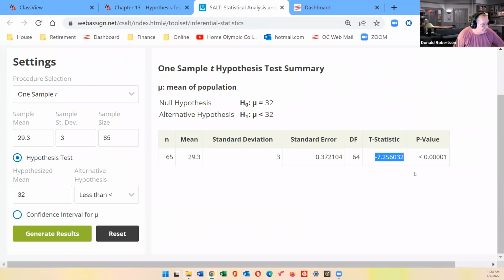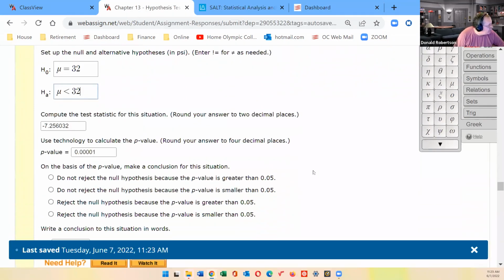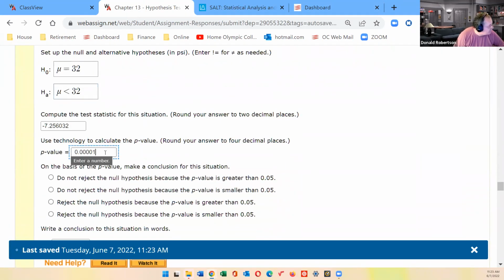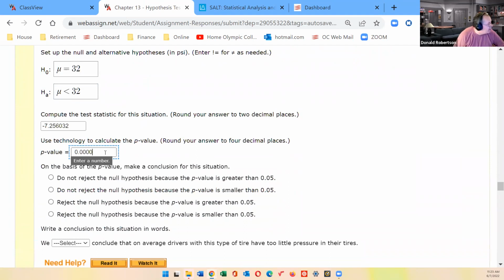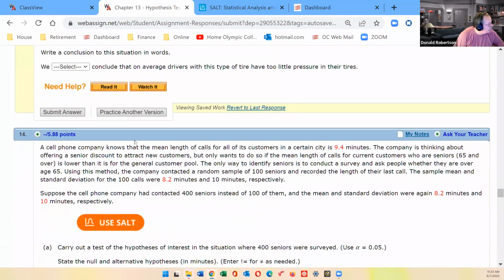That's where this test statistic lives, and that's the p-value. And they only want the answer to 4 decimal places, and they only want this answer to 2 decimal places, so let's be neat. And I'll do a submit.